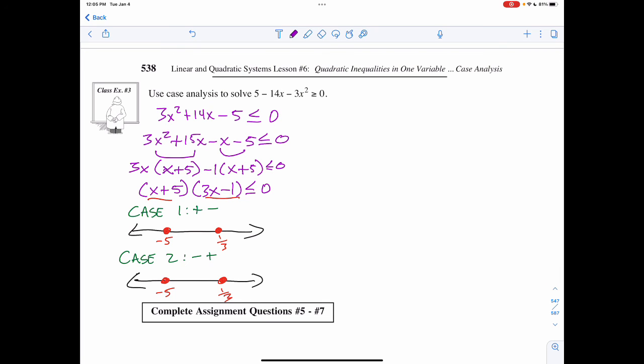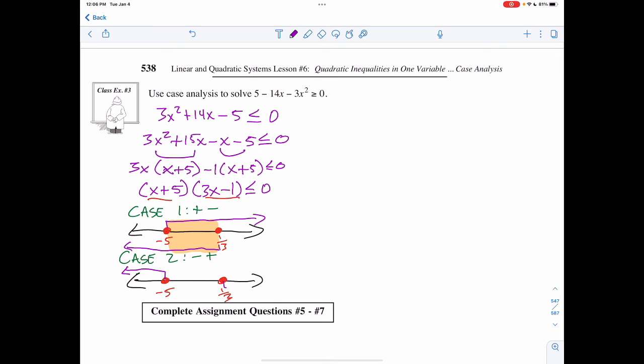When it says that this one is a positive, then the lower one is increasing. When it says the bigger one is a negative, that means that it is decreasing. And my solution region is where the two overlap. When I look at case 2, it says my lower one is negative, so it is decreasing.